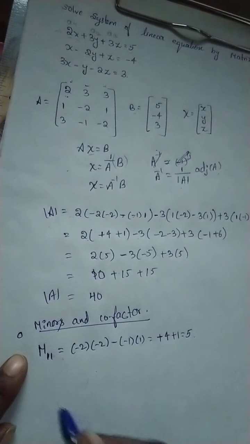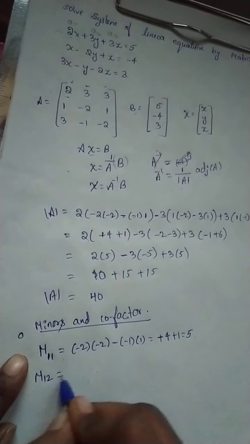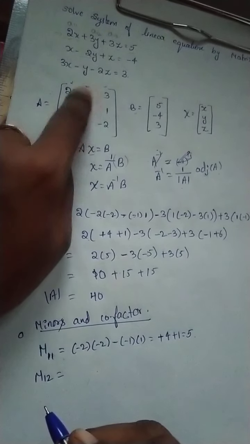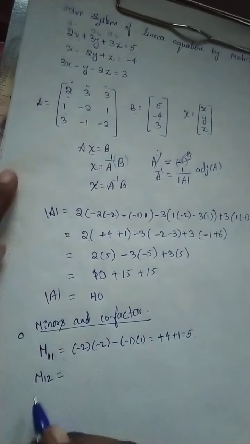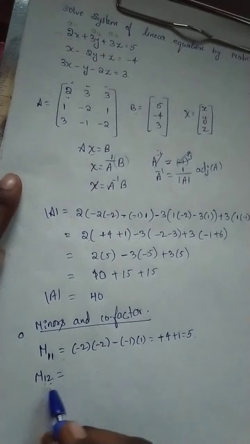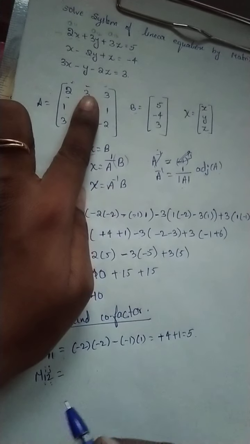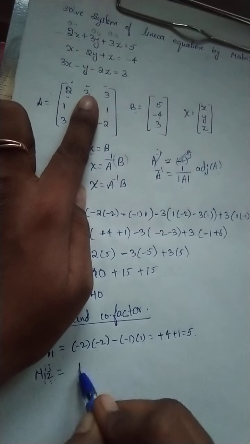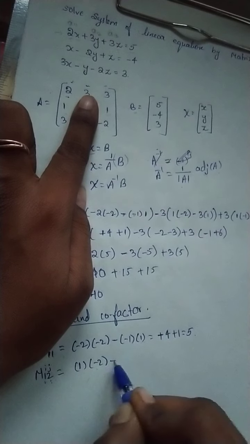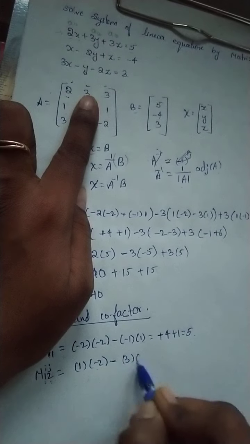So now M first row second element, that is for this location we are calculating, we have to eliminate first row second column, 1 and 2. Okay, this is the ij value. So if we eliminate first row second column, the value will be 1 into minus 2 minus of 3 into 1.